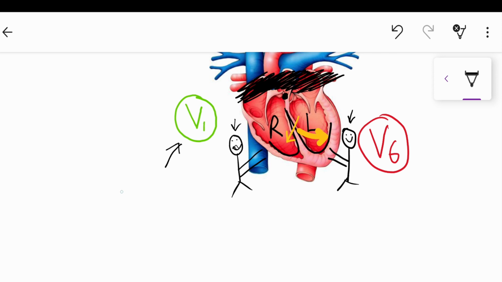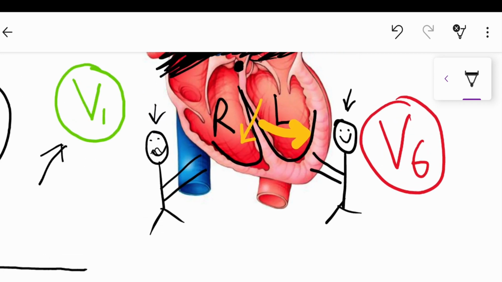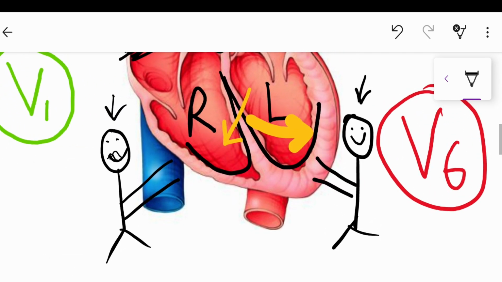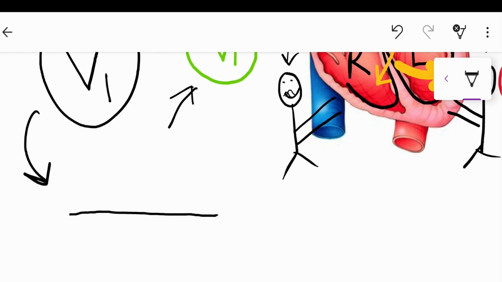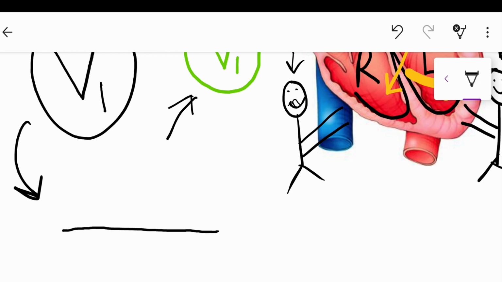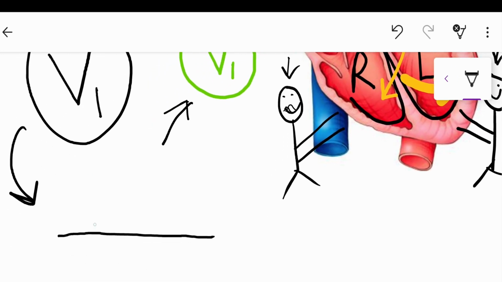I'm going to just draw an isoelectric line. So this is the perspective of V1 over here. So what did I say? The septal depolarization is normal. So if it moves from left to right, what does that mean? It means a positive deflection, as you'll see here. Okay, positive deflection.